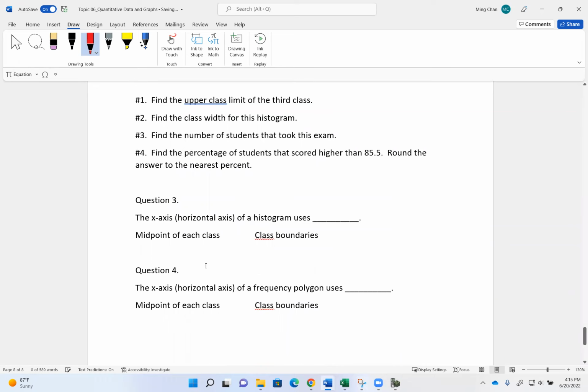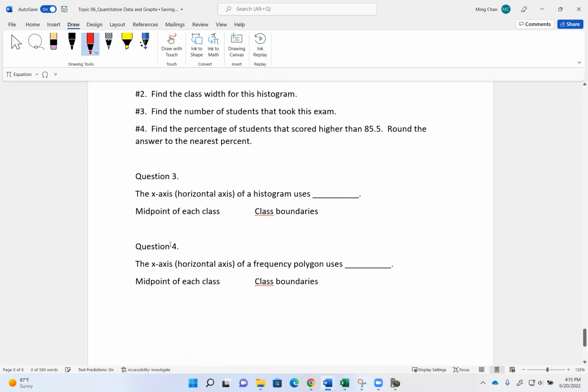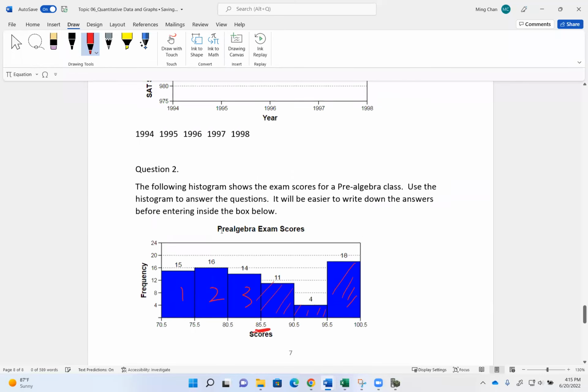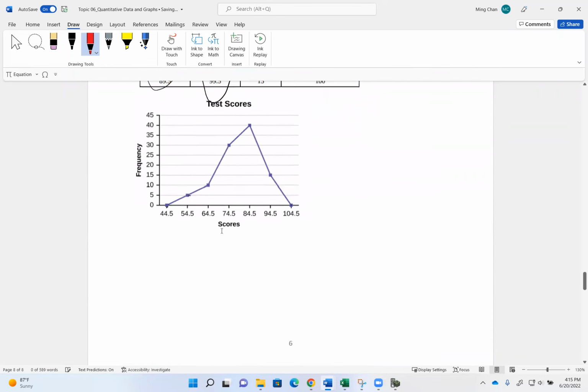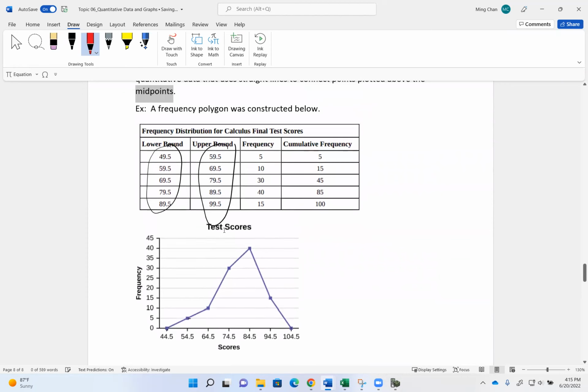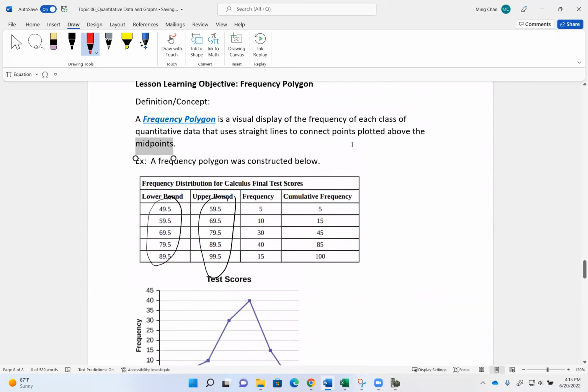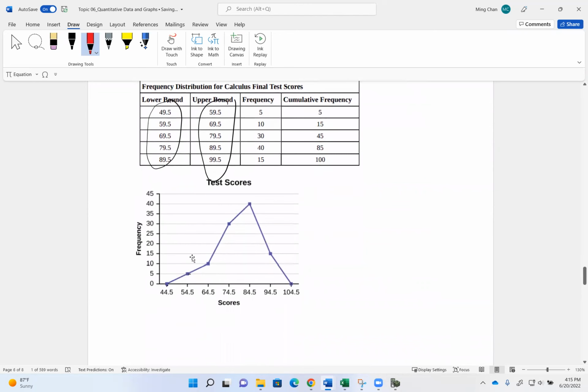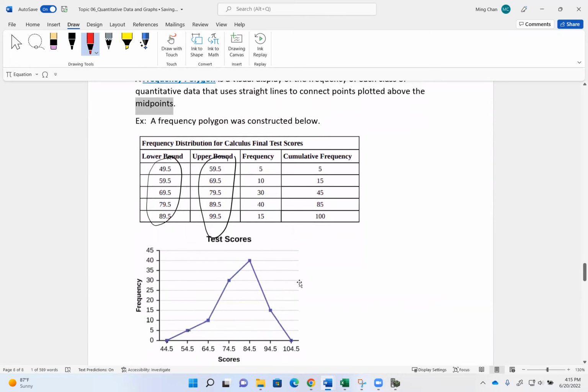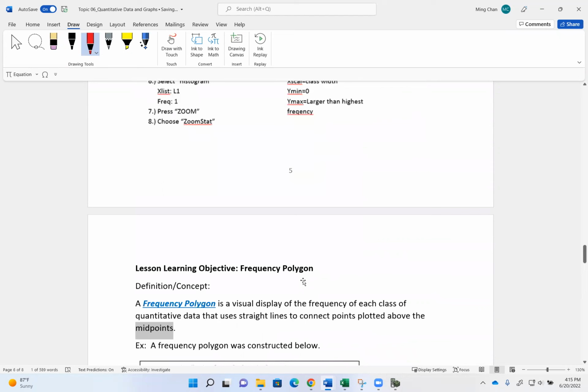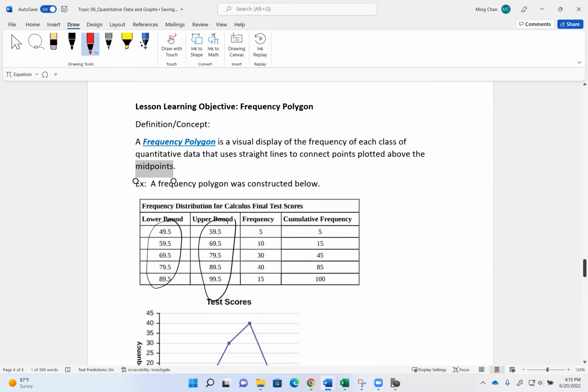actually use multiple choice. So let's go back here, make sure I don't say it wrong. All right. Use a straight line to connect points plotted above the midpoint. So my fault. These are not class boundaries. I don't think these are midpoints, right? I think those are midpoints.